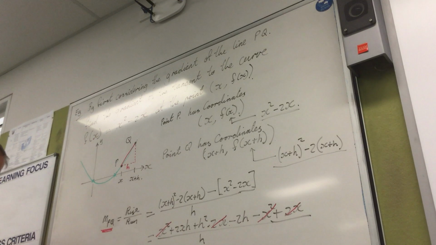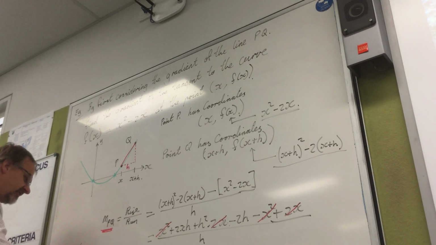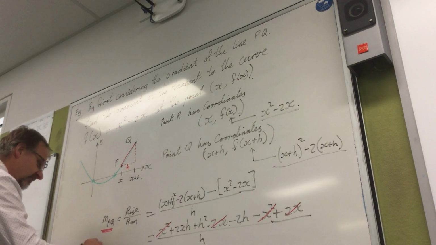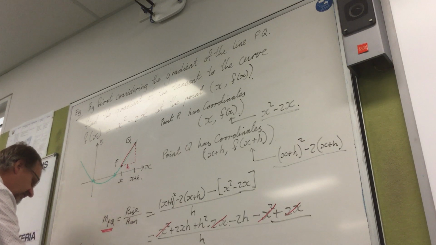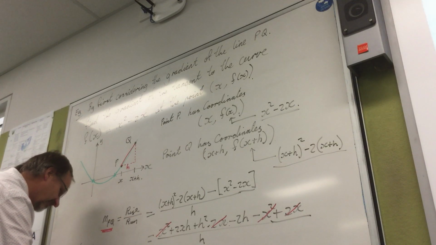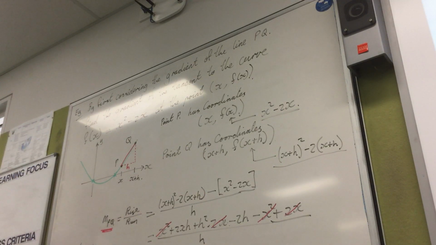So the gradient of the tangent at P is the limit as h tends towards 0 of h plus 2x minus 2, which is simply, no, h is 0, so 2x minus 2. So there's our gradient.